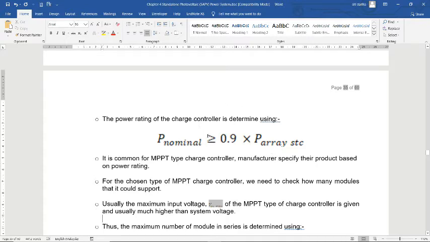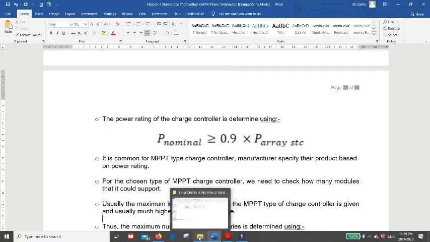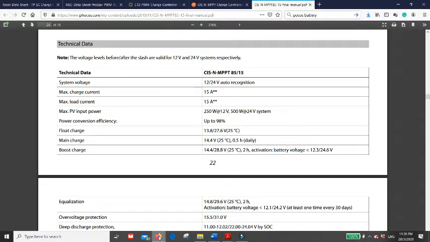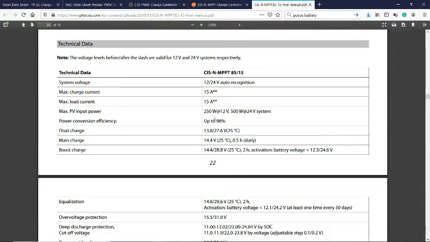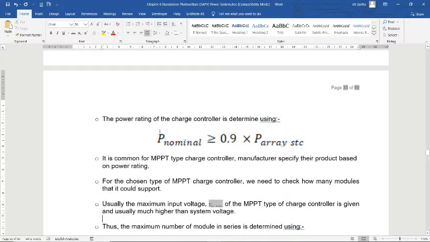Let's say you get, for example here, 200 watt. So the P nominal is 250 watt. So it's suitable to be used in your system because it should be greater than 0.9 multiplied with P array STC.